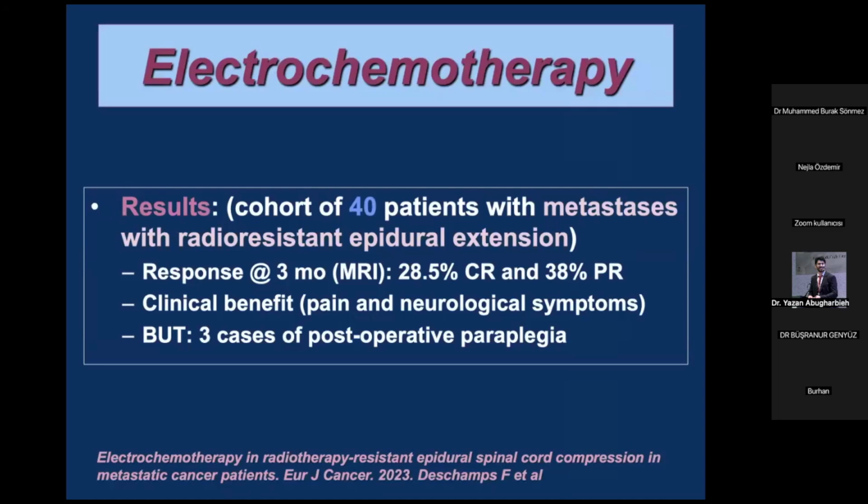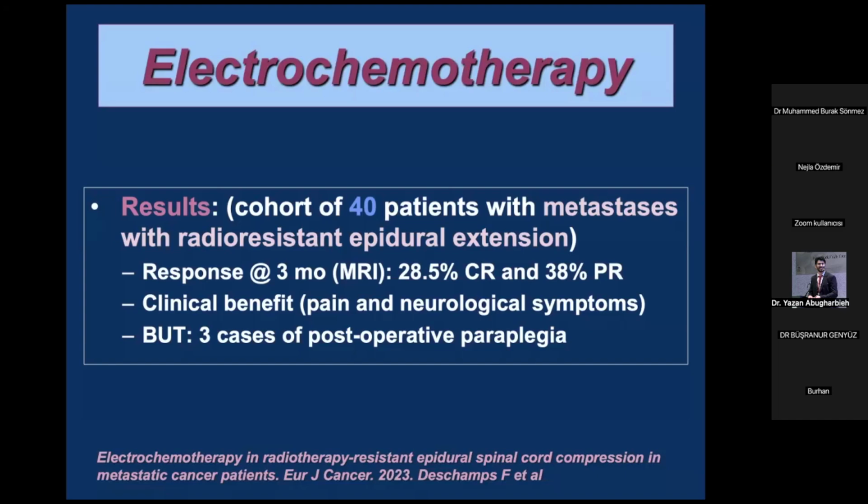This is the result from the early experience of our colleagues from Gustave Roussy Hospital. They treated 40 patients with metastasis with epidural extension, which was resistant to radiotherapy. They had a response, meaning a complete or partial response, in about two thirds of the cases, with clinical benefit in terms of pain relief and neurological symptoms.